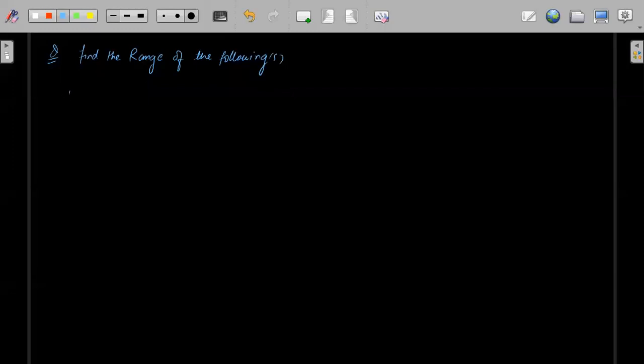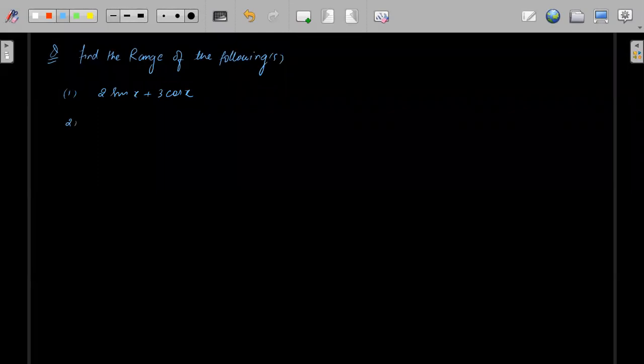So the first question is 2 sine x plus 3 cos x. Find the range of 2 sine x plus 3 cos x.